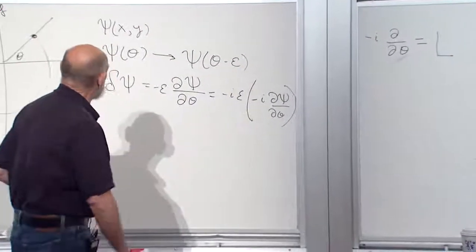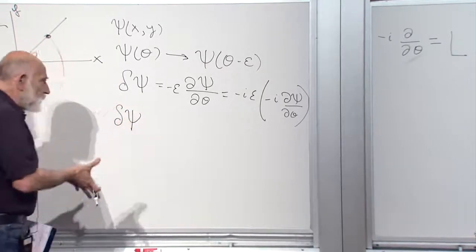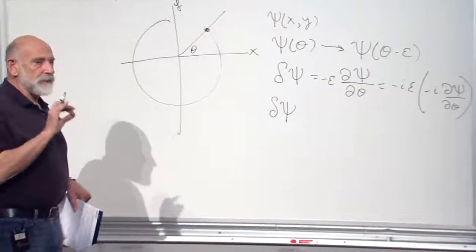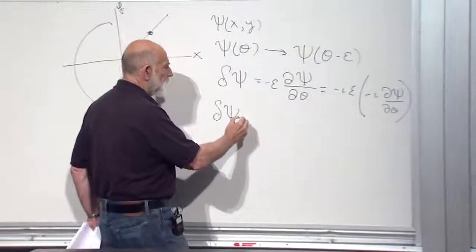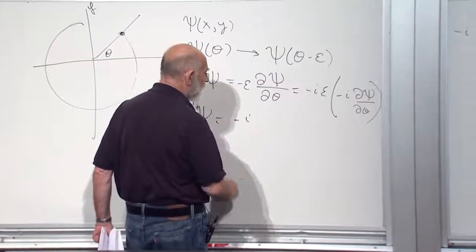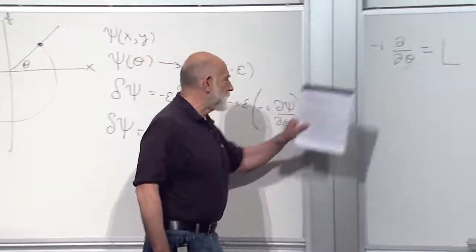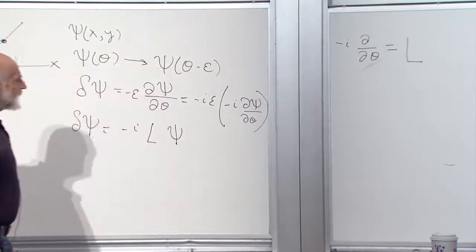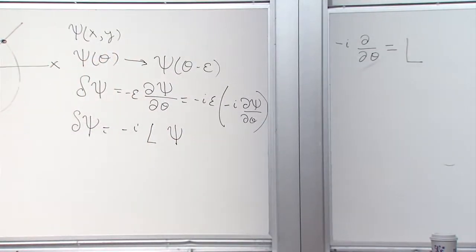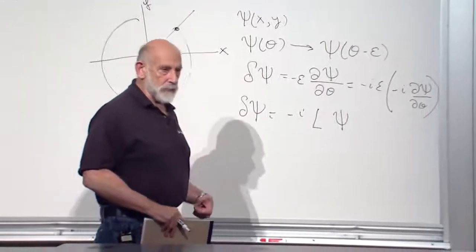And so we can write that the change in psi under the operation of infinitesimal rotation is governed by minus i epsilon times the action of the angular momentum operator on psi. That identifies, according to the definitions of last week, L as the generator of rotations.